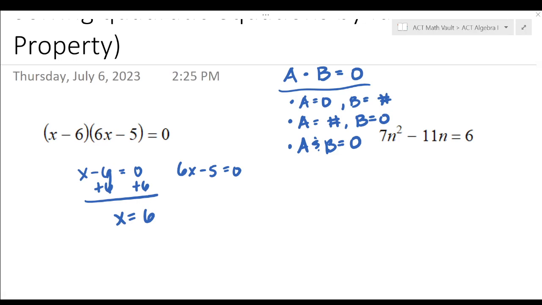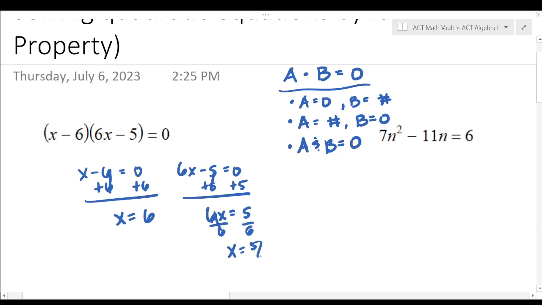And still, the answer would be 0. However, there's something else that we could get for x that would make the whole product equal 0. So if I solved for x right here, I would get x is equal to 5/6. So I could throw a 5/6 in here.